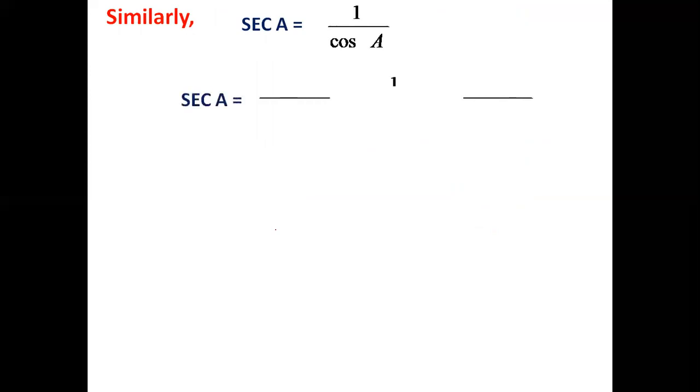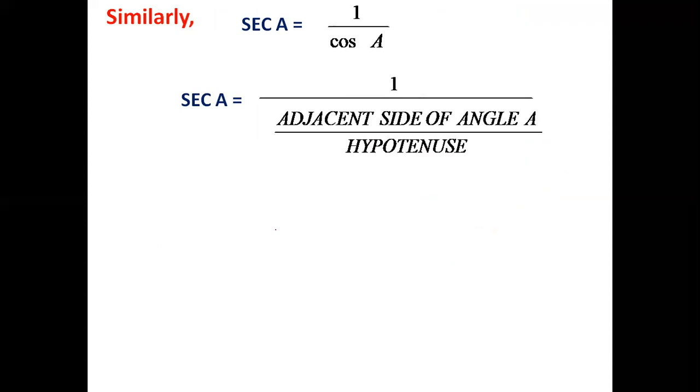Next, sec A. Similarly, sec A is equal to 1 by cos A. What is the ratio of cos A? That is adjacent side of angle A by hypotenuse. Here also, if this fraction comes into the numerator, then it becomes reversed, that is hypotenuse by adjacent side.